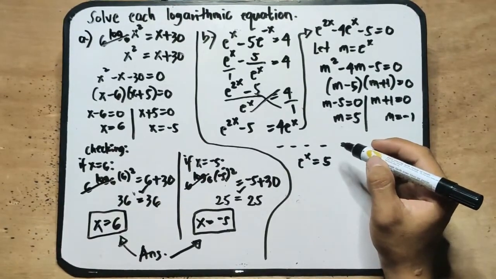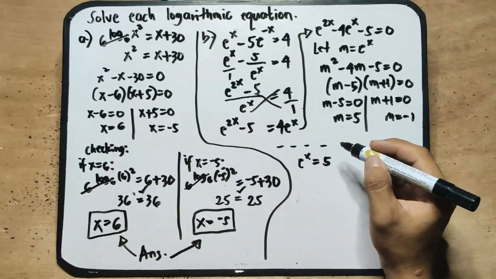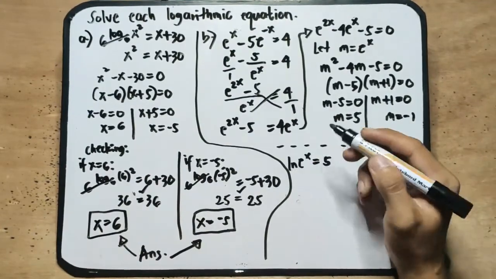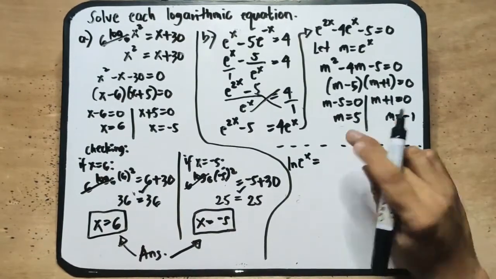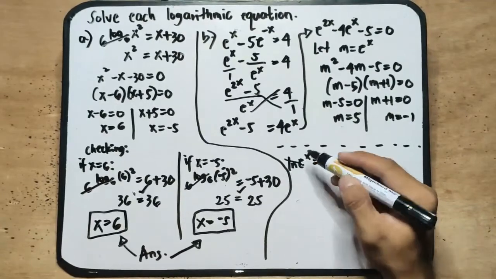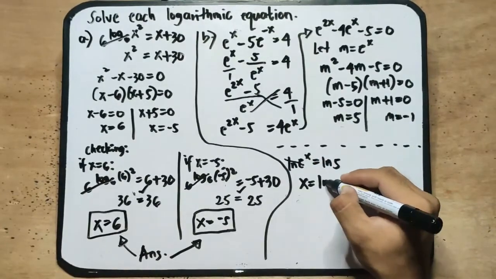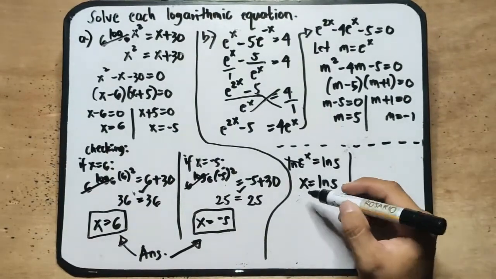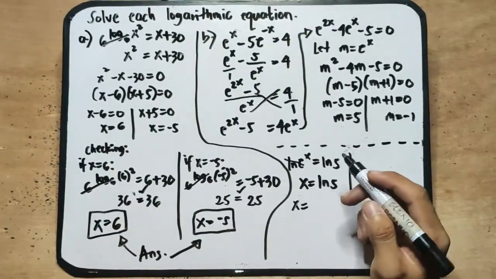So, para ma-solve natin yung value ni x, i-lolon natin yung both sides. So, ln 5. So, we have, automatic na mawawala na ito. We have x is equal to ln 5.